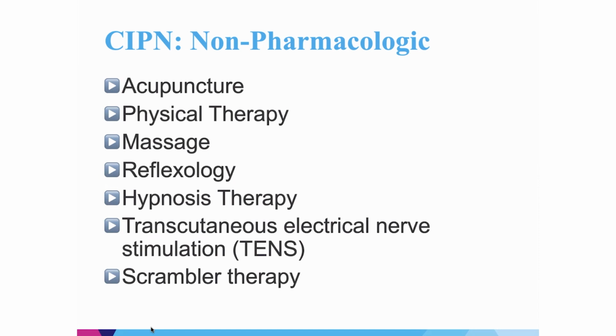I've listed a number of interventions here. I think scrambler therapy, which is the last one, is the kind of new kid on the block. But it's very difficult to do large scale trials for these types of therapies. And it's also in clinic very difficult to get these covered by insurance a lot of the time for patients. So these also are not guideline recommended as the agents of choice.